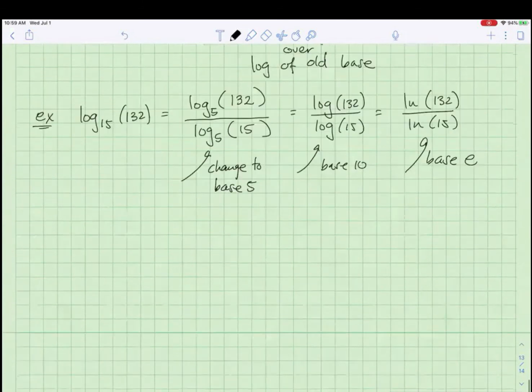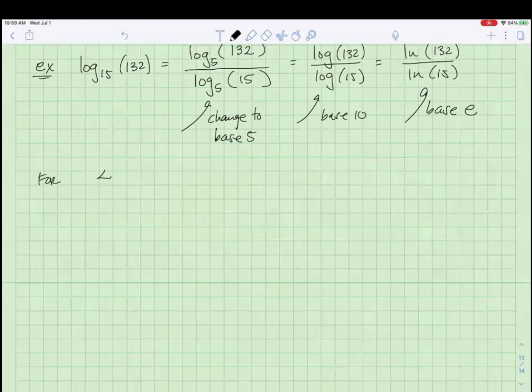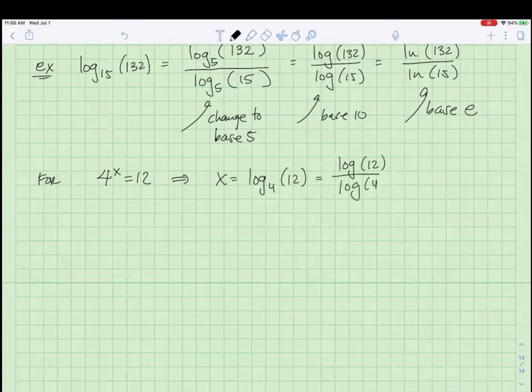So for 4 to the x equals 12, which means that x is the power that turns 4 into 12, that's equal to the log of 12 over the log of 4.